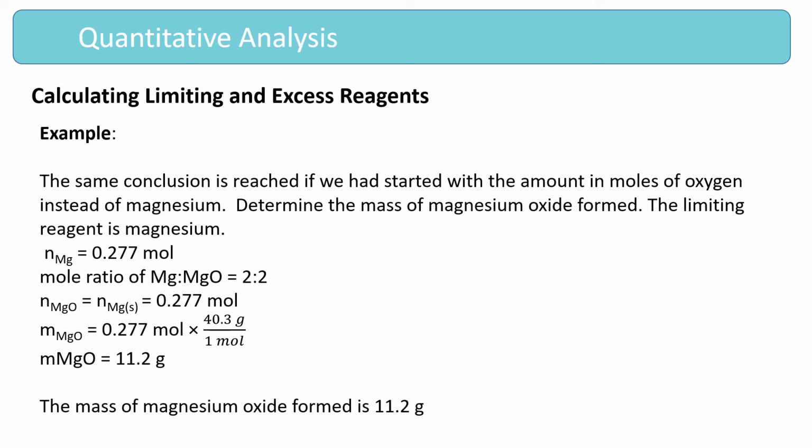The mass of MgO is 0.277 mole times 40.3 grams divided by 1 mole, which is 11.2 grams. It's handy to keep these formulas available when doing this assignment.